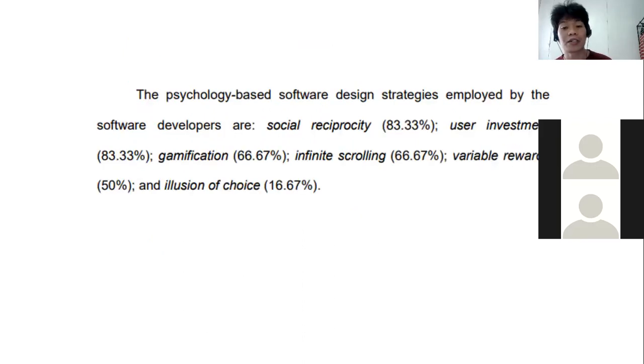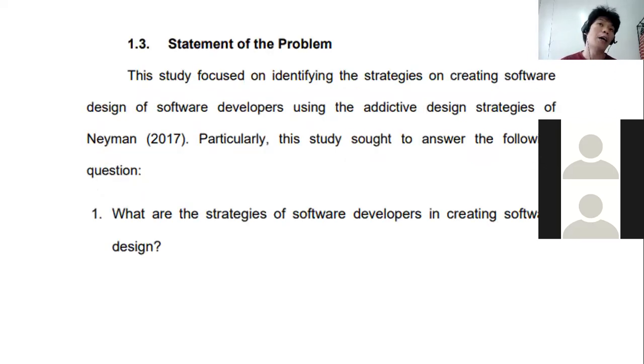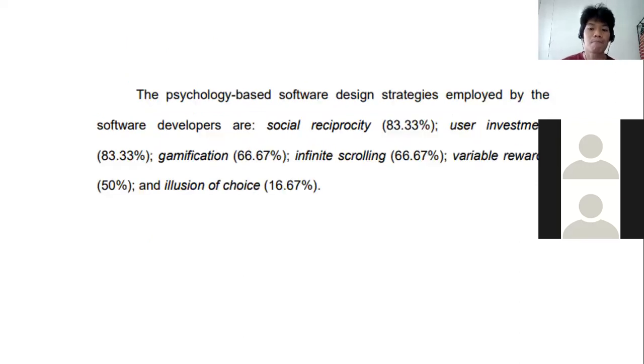The psychology-based software design strategies employed by the software developers are social reciprocity, which composed of 83.33%, user investment, which also composed of 83.33%, then gamification, composed of 66.67%, infinite scrolling, 66.67%, variable rewards, 50%, and illusion of choice, 16.67%. So it's just going to answer the literal information on this one.